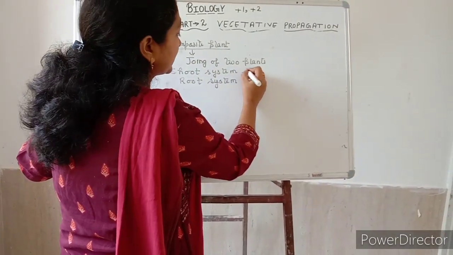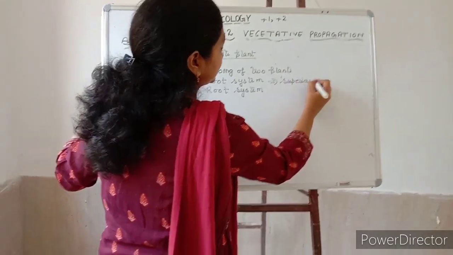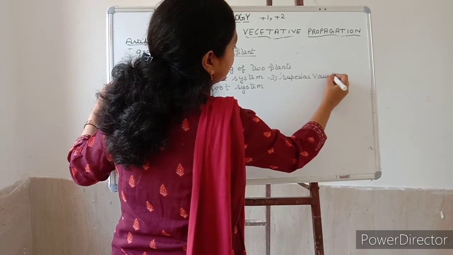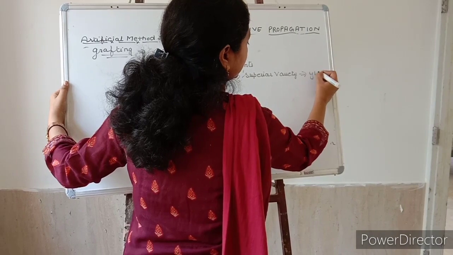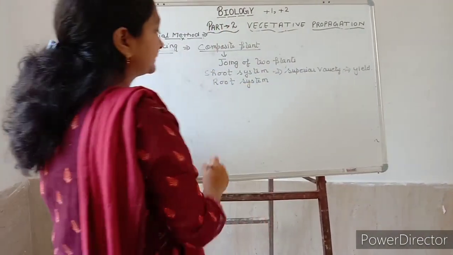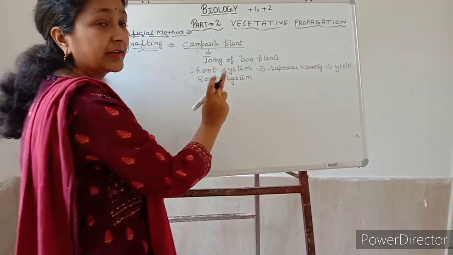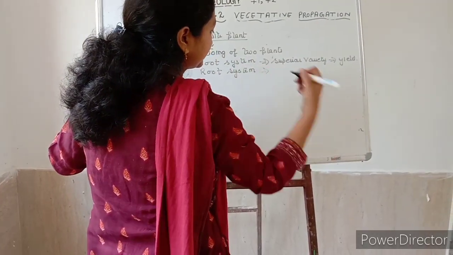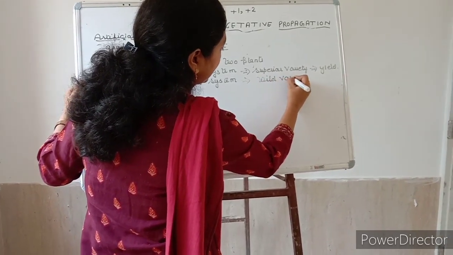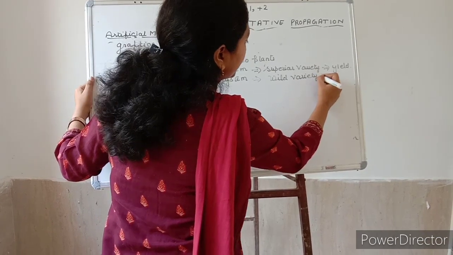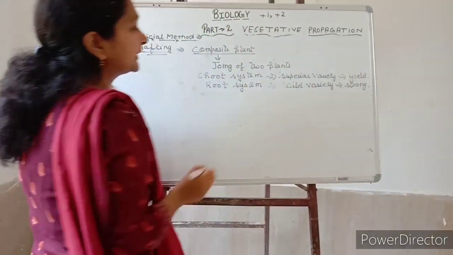Shoot system of a superior variety which has high yield is taken, and root system of a wild variety which is strong is taken.